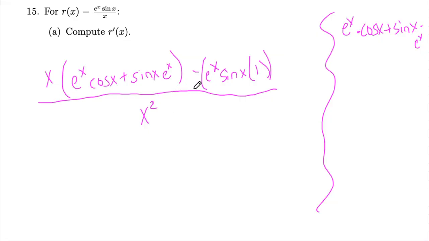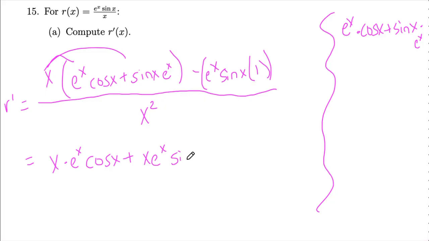So now all we have to do is clean this up. This would be r prime equals. Let's start off by distributing this x into everything. So we would get x times e to the x cosine x plus x e to the x sine x minus e to the x times sine x over x squared.